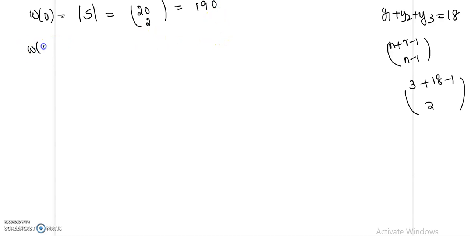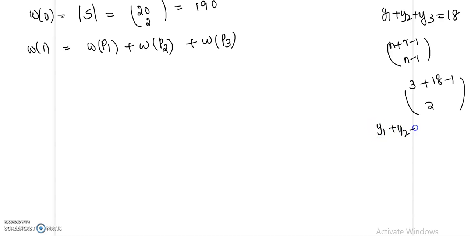Now let us find omega of 1. Omega of 1 will be omega of P1 plus omega of P2 plus omega of P3. When we take omega of P1, you will get y1 plus y2 plus y3 equal to 18 such that y1 is greater than or equal to 7. So y1 minus 7 will be greater than or equal to 0.